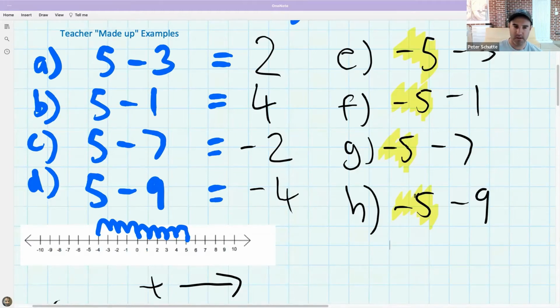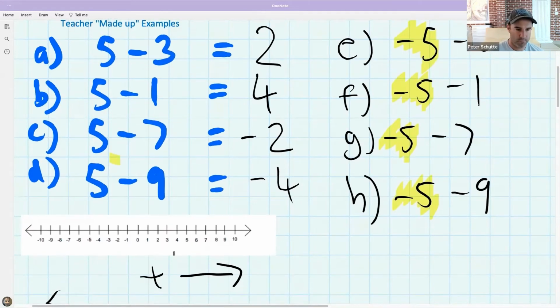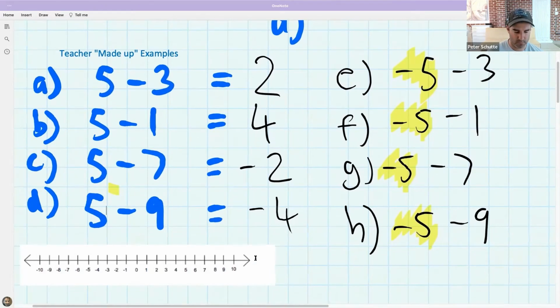That means you took 5 rand from your mother or whoever, and you still owe them 5 rand. And now you go and you say, well, Mom, I need more money. Can I owe another 3 rand? So how much money do you owe your mother now? Not 5 rand, not 3 rand, but 8 rand. So you have negative 8. Does that make a bit more sense now?